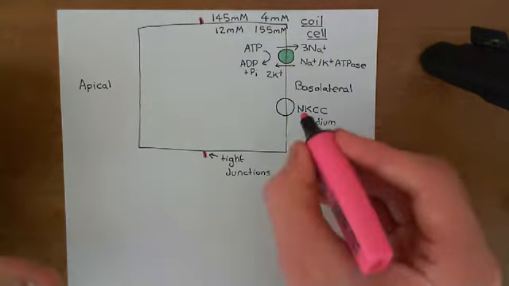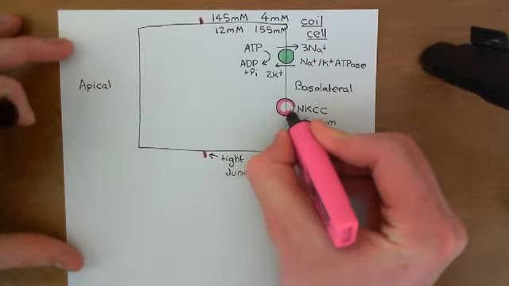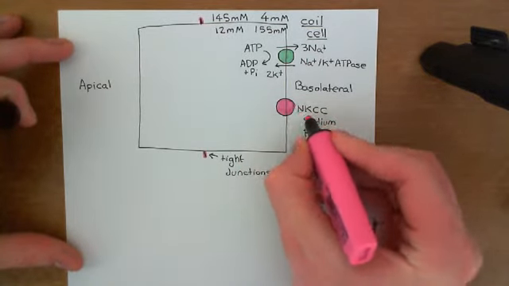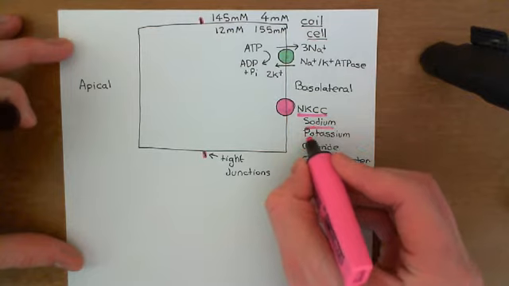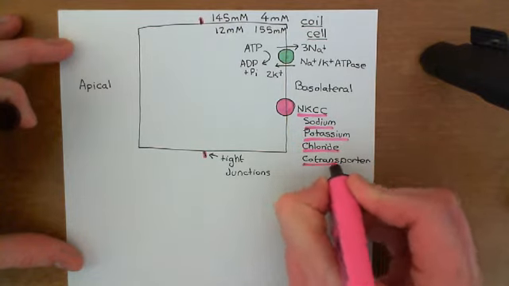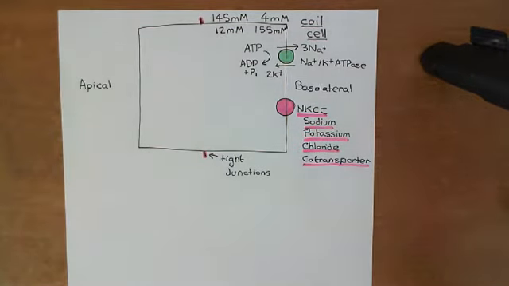I think I'll colour in the sodium potassium chloride co-transporter in vivid purple here. So this is the sodium potassium chloride co-transporter. It is going to use the sodium gradient across the cell membrane to move potassium and chloride into the cell.